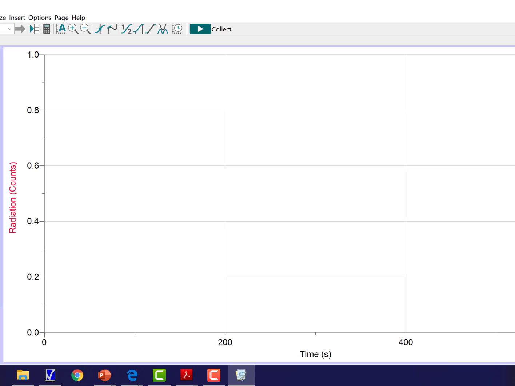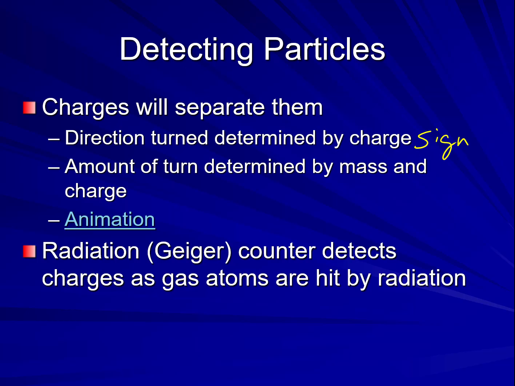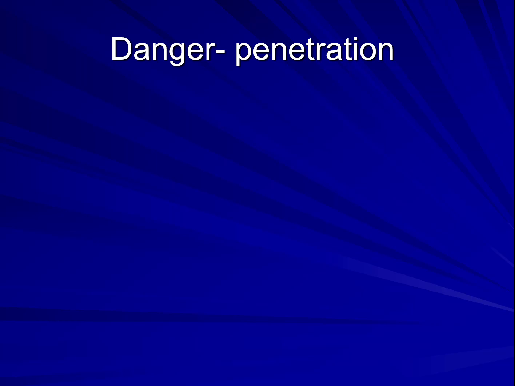But the different types of radiation penetrate different amounts. Okay? So it's only going to be dangerous if it penetrates. What do I mean by different ones do different amounts? Okay. So here I have a couple of radioactive sources. I know they're different types.